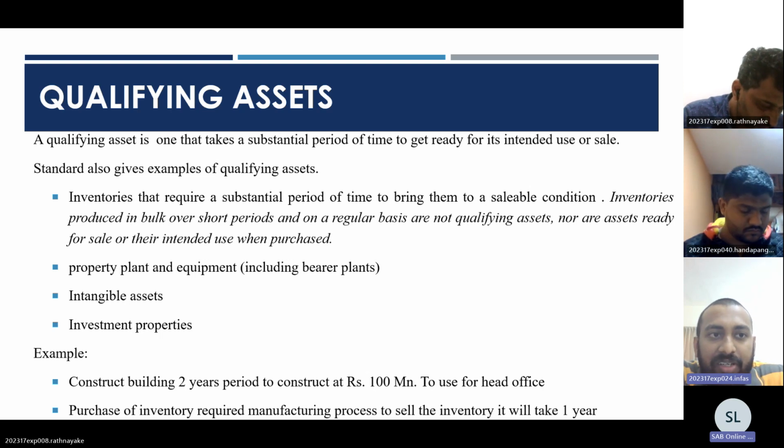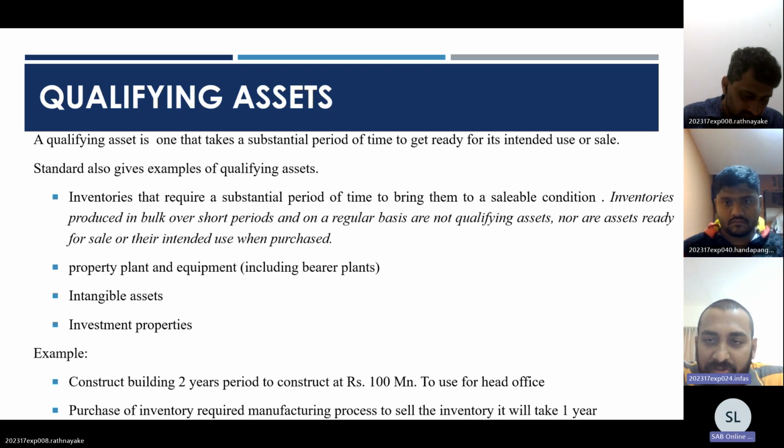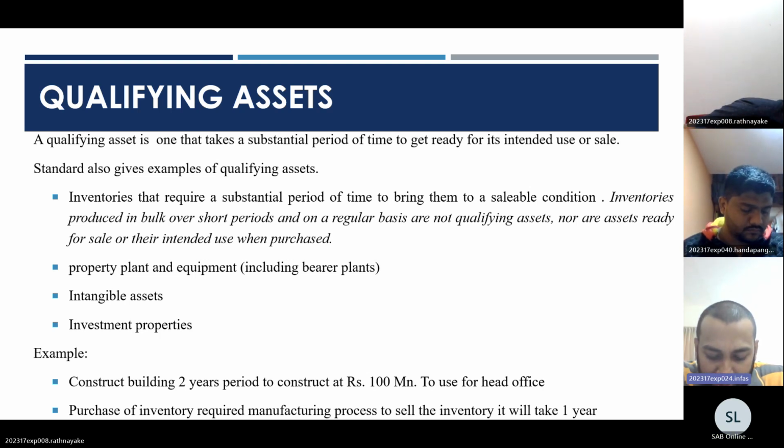One is a qualifying asset, the other is a non-qualifying asset. For a qualifying asset, the standard says we can capitalize the cost incurred for it. If an asset is non-qualifying, the borrowing cost of that asset is charged to the profit or loss. A qualifying asset is one that takes a substantial time to get ready for its intended use or sale. A qualifying asset might be inventory, property, plant and equipment, intangible asset or investment property.